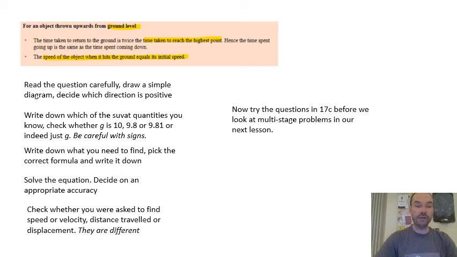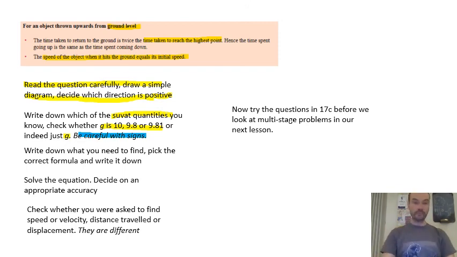Right, in conclusion, this is true for all mechanics questions. Read the question carefully, simple diagram, but in projectile questions, decide which direction is positive. Write down which of the SUVAT quantities you have. Check whether it's going to be g, a is 10, 9.8, 9.81, or indeed just g. Be careful with the signs. All these are vector quantities, you need to be careful with the signs.